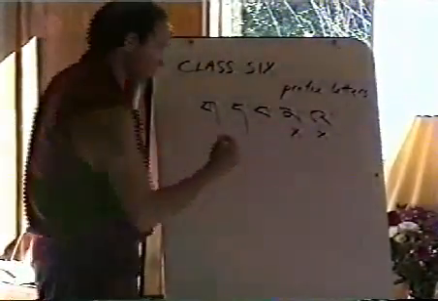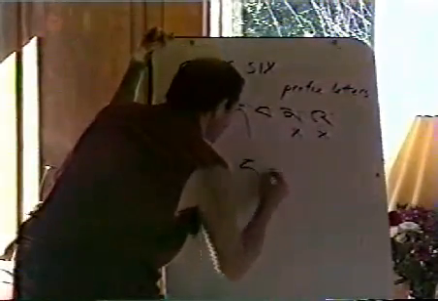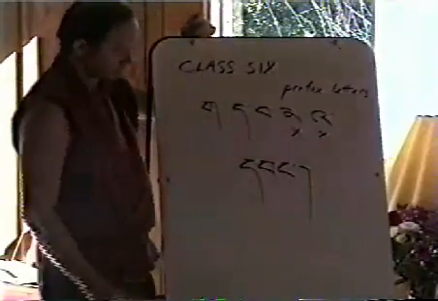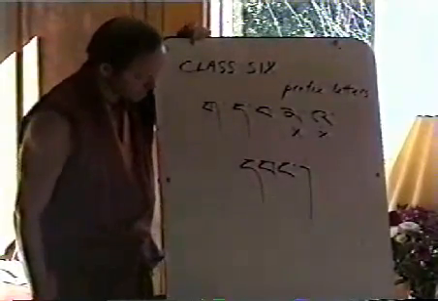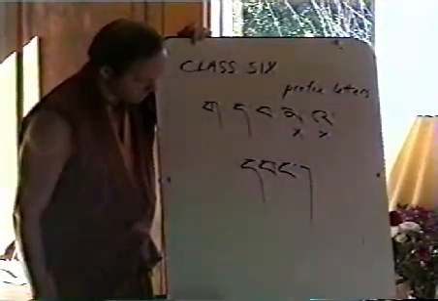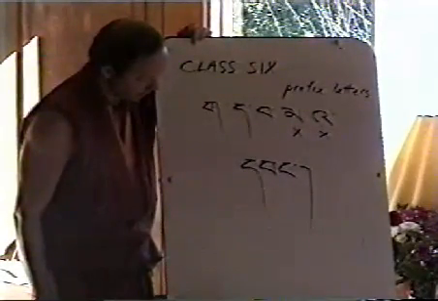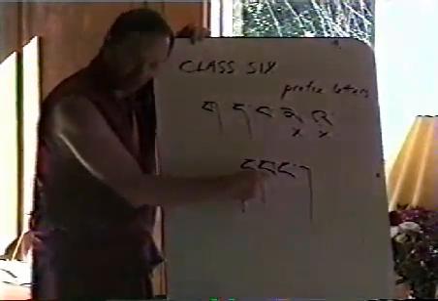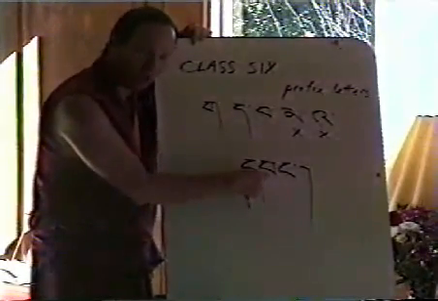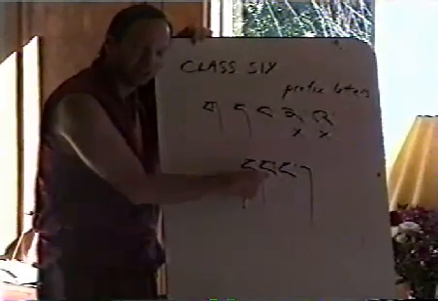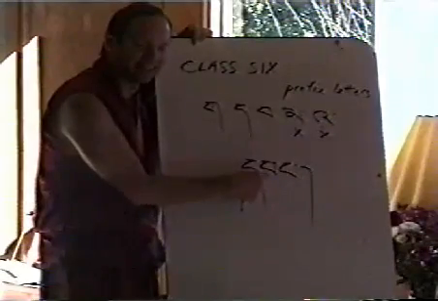A couple other weird things happen that you have to know about. After the prefix letter ta, pa changes to wa for no reason in the world. If you don't like it, write it to me, Samboya, care of Potala.